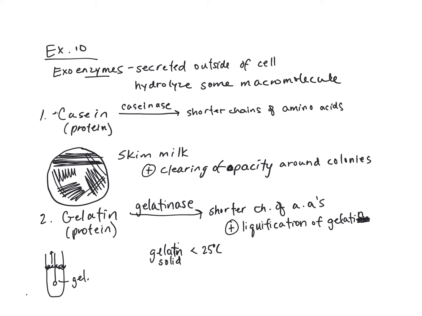So 25 is just a smidge warmer than room temperature. So when we inoculate these, they're solid, but above 25 degrees Celsius, the gelatin is going to be liquid. All right, so when we put these tubes into the incubator, they're all going to liquefy.